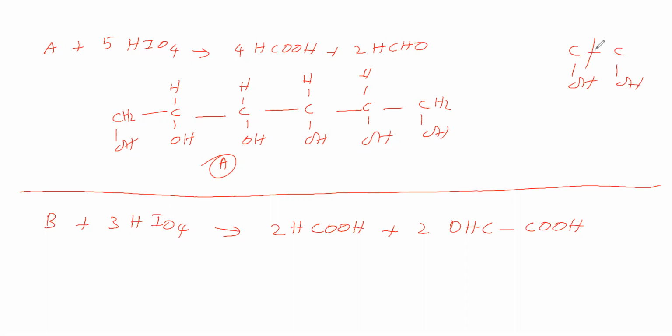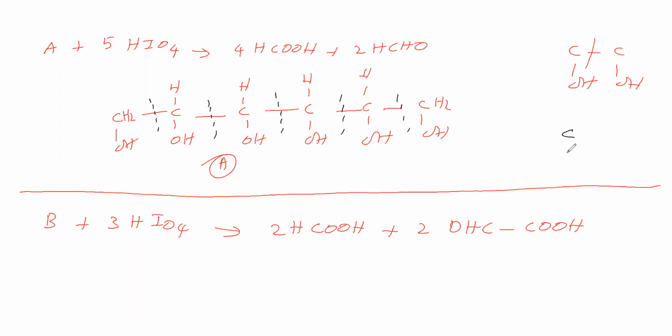Here it is broken, see. It is a vicinal diol, therefore the C-C bond is broken, converting into formaldehyde. These are formic acid.